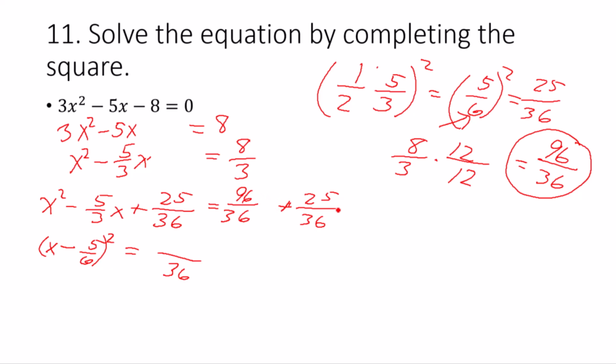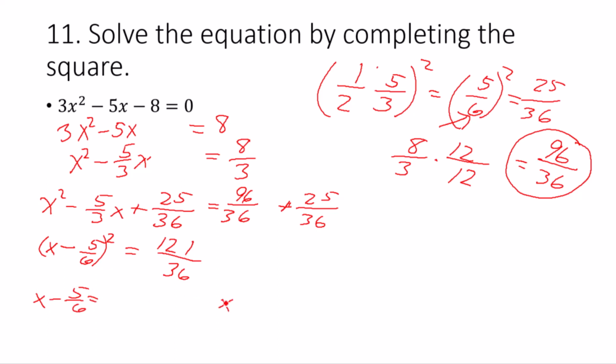So all we need to do is add the numerators. And we get 121. If you don't recognize that, I'll give you a hint. It's 11 squared on the top. Good, huh?